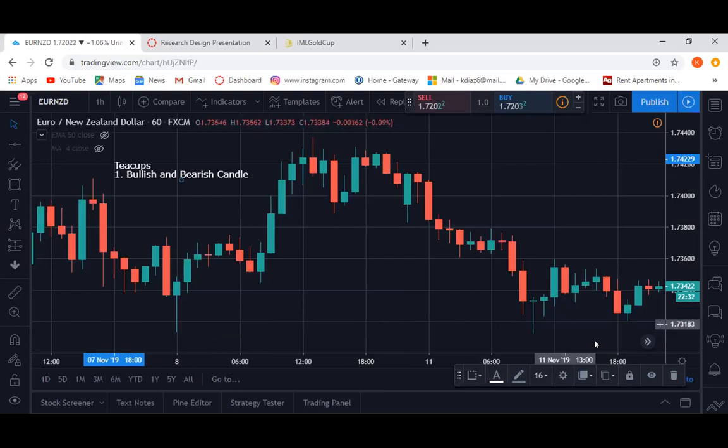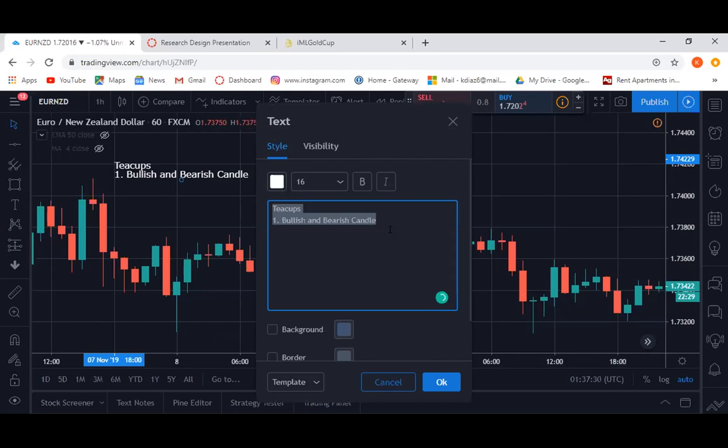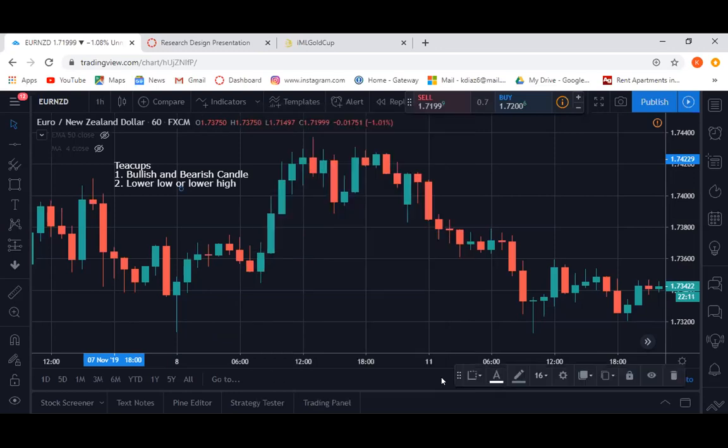Step number 2 is to look for a lower low or a lower high. So basically what that means is we're either looking for another bearish candle or another bullish candle that closes out lower than the first bullish candle.